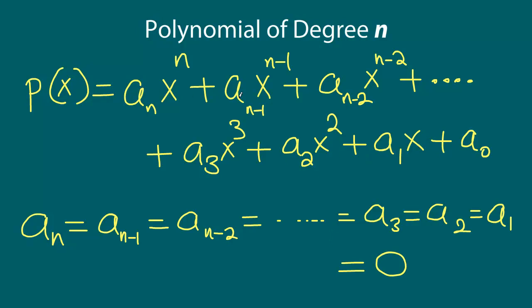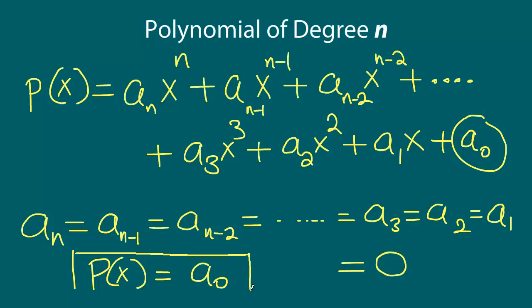If all of these constant numbers become 0, then we are left with simply a0, right? So we are left with a polynomial which basically looks like this, and a0 is any constant number. So we know that this is basically a constant polynomial, right? This is a constant polynomial.